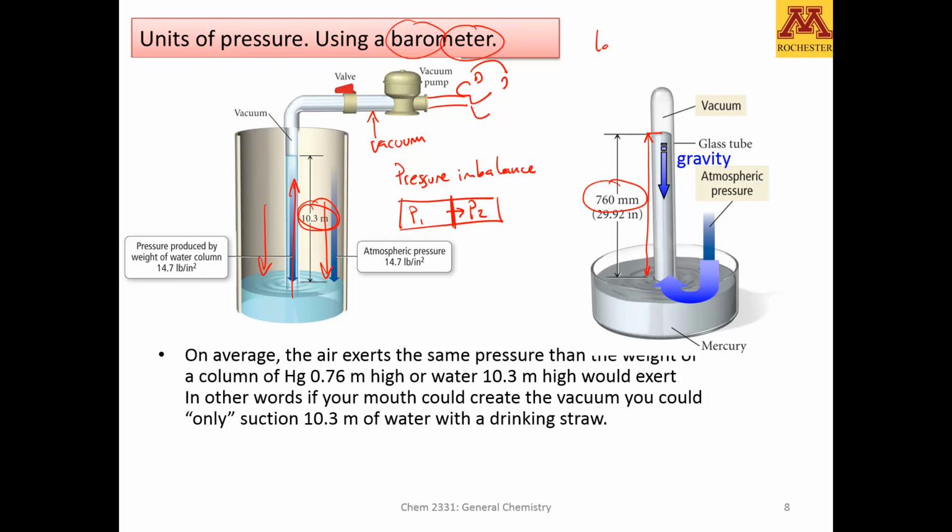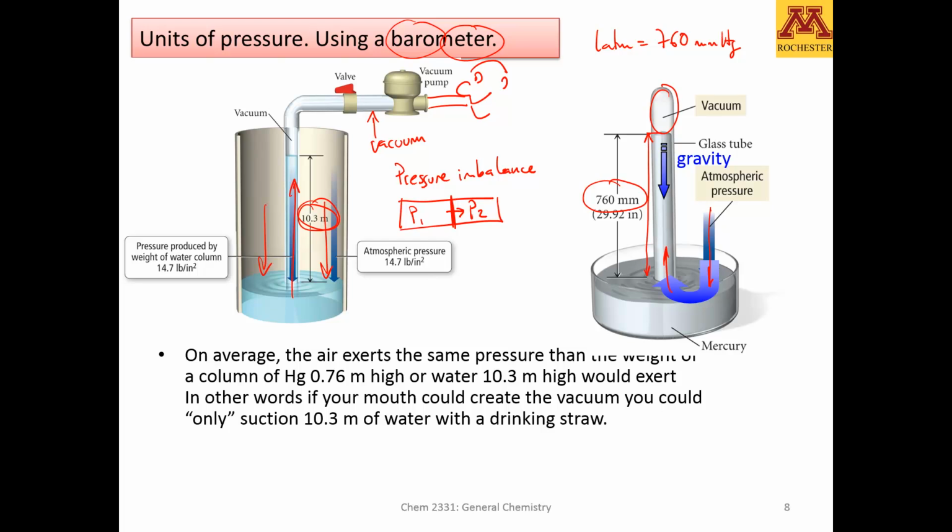When we say that 1 atmosphere is 760 millimeters of mercury, it means that under atmospheric pressure, if you create vacuum, atmospheric pressure can pump a column of up to 760 millimeters of mercury.